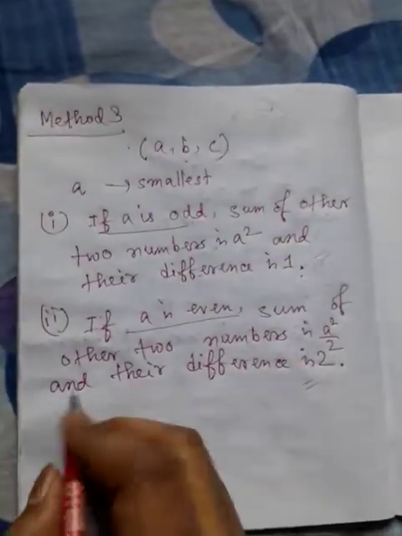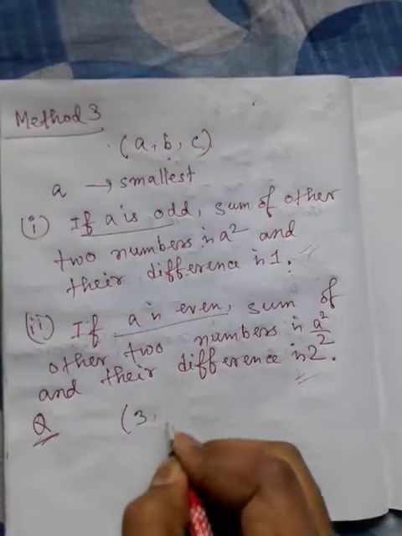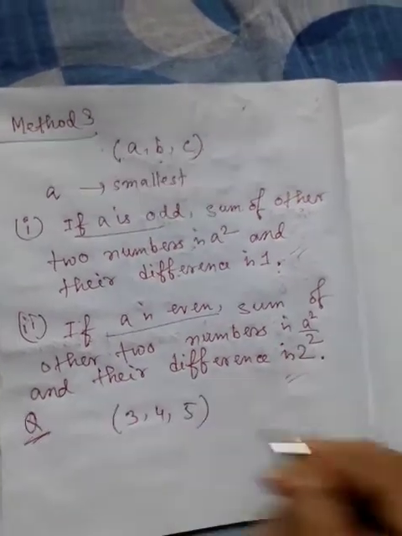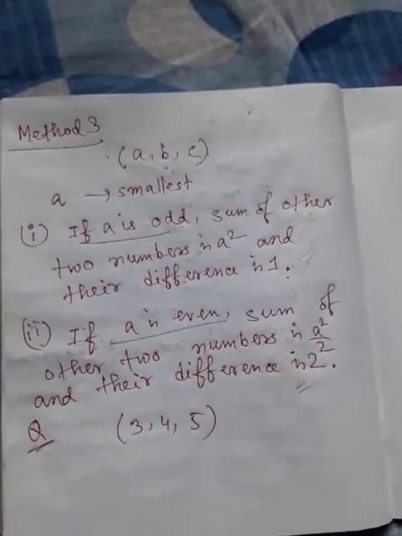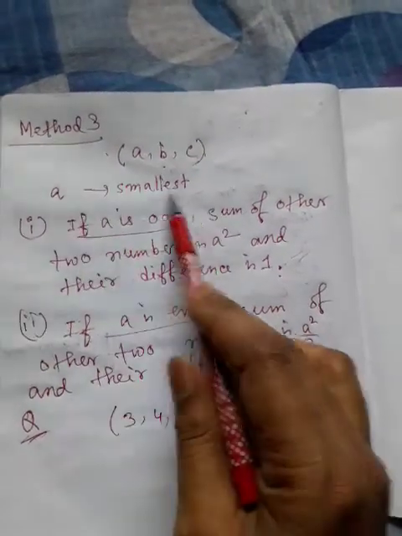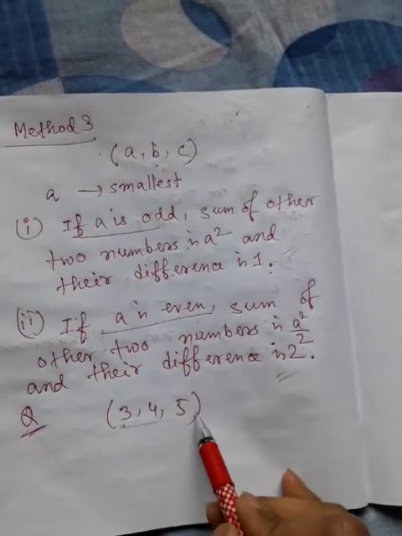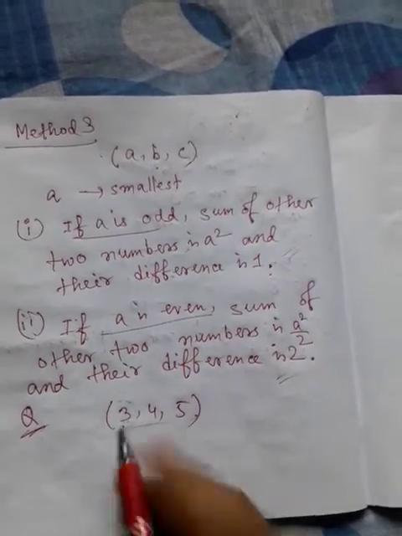Now let us take one example. First, we are taking 3, 4, 5. Comparing with ABC, what is A? A is the smallest of them, and the smallest of these three is 3.